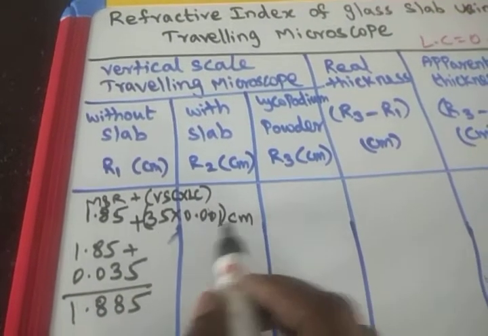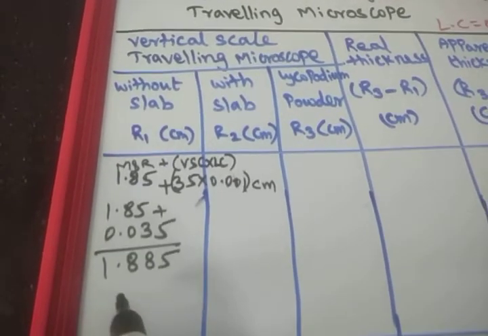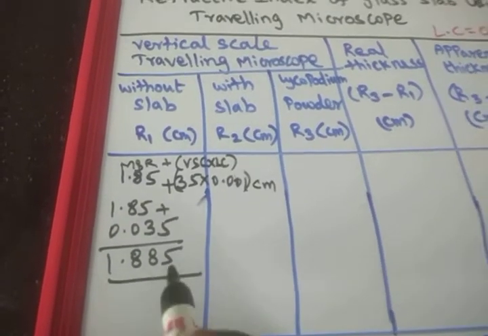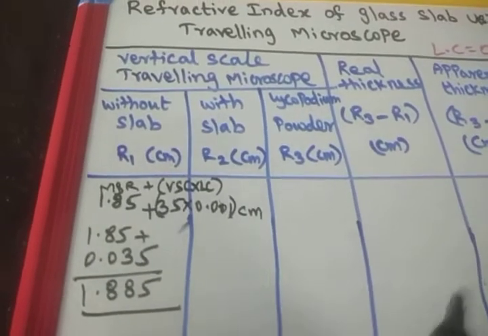So 35 into 0.01 is 0.035. Add 1.85, and you get the answer 1.885. So now we have taken the reading without the slab.